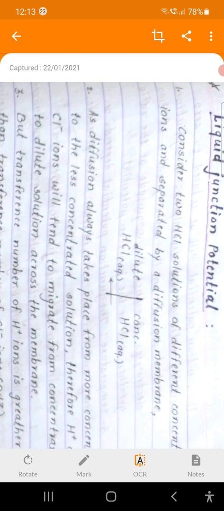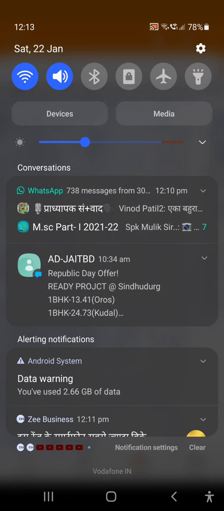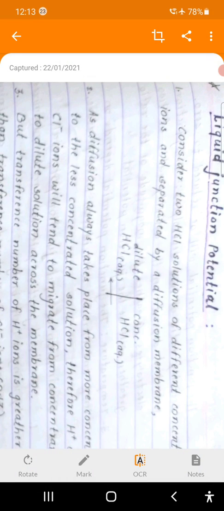And there is a difference in concentration. For one HCl solution, concentration is higher, that is concentrated HCl solution at one side, and at another side dilute HCl solution.